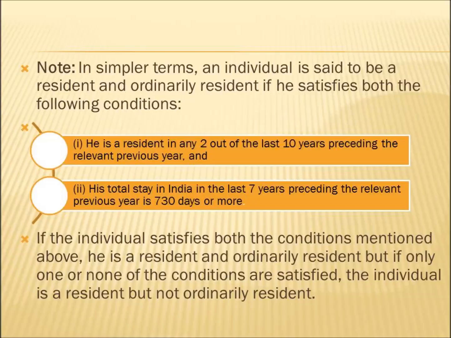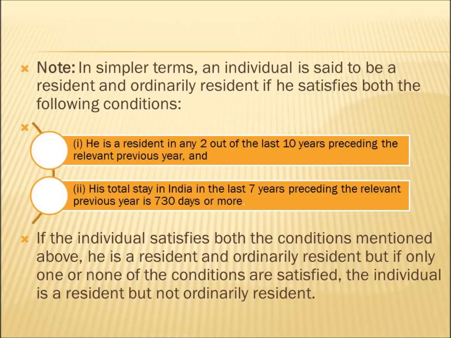Now in this slide, we are just reversing the situation and saying that if both these conditions are satisfied, then the assessee will fall under the category of resident and ordinarily resident. So you can go either way: either check whether the assessee falls under the not ordinarily resident category, or go the reversed way and check these two conditions.